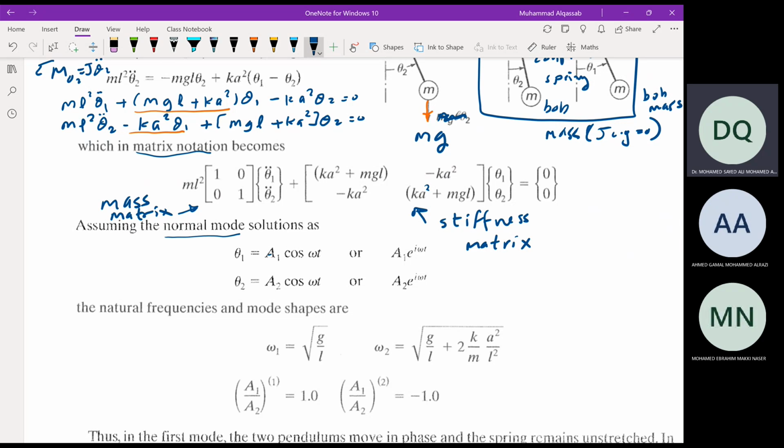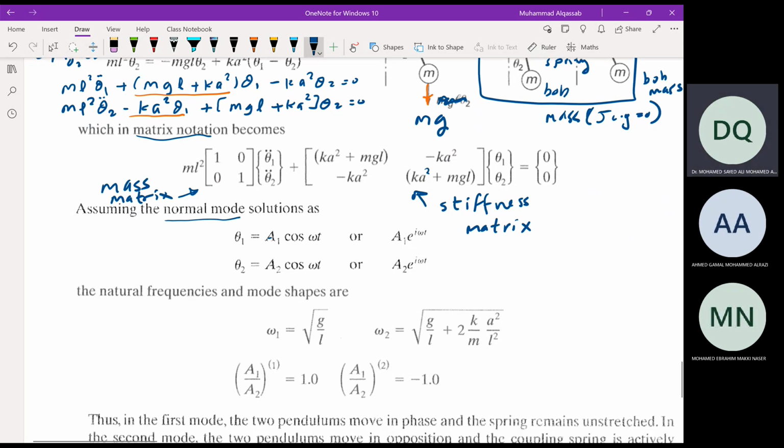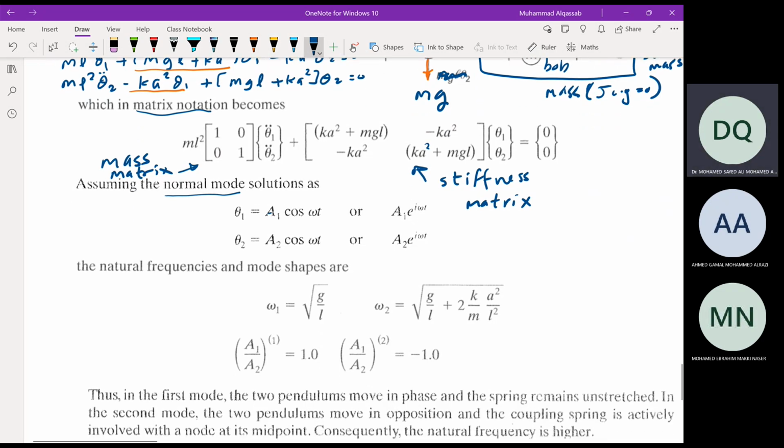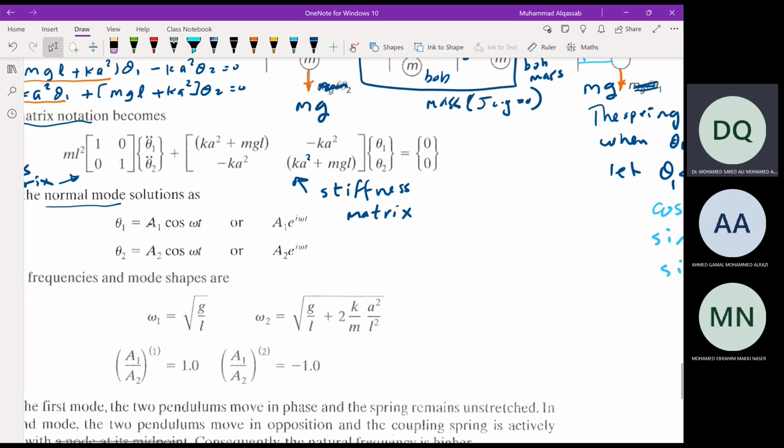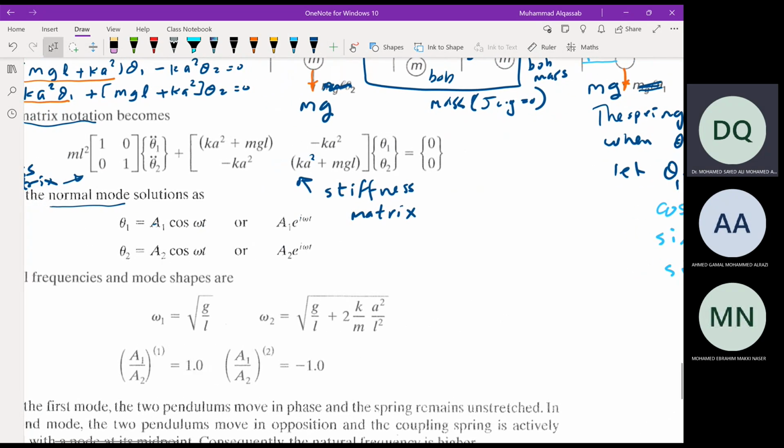Any solution you use should be okay. And then when you substitute, you will get the determinant, and then you set the determinant equal to 0. Then you find the roots of the determinant, which is the characteristic equation. And so as we did with example number 1.